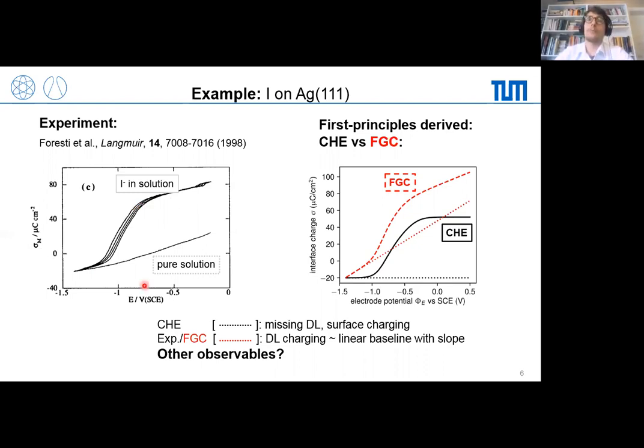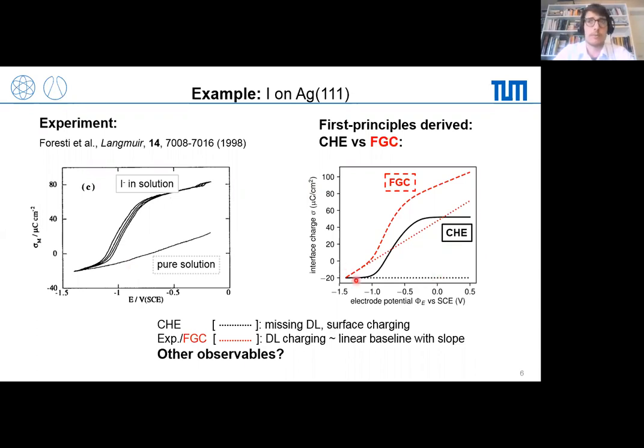Now, how does a simple calculation of this experiment look in these two approximations, the computational hydrogen electrode and the fully grand canonical calculations? As you can imagine, the CHE model, which assumes the interface, this inner double layer, is uncharged, is not able to describe this capacitive charging.